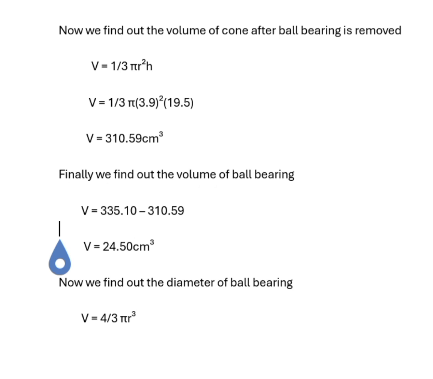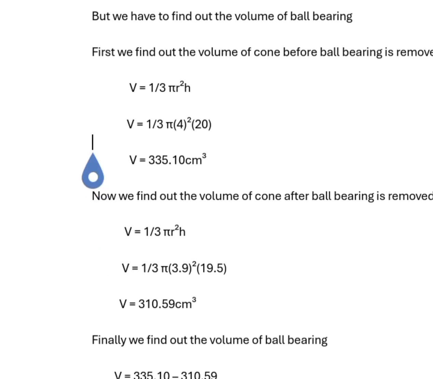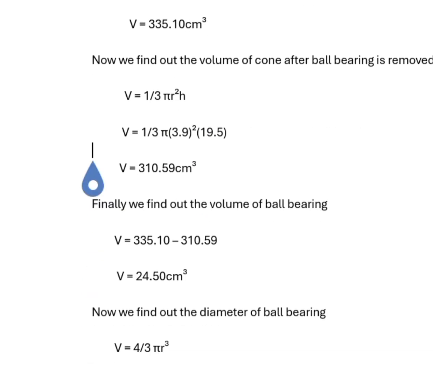Now finally we find out the volume of the ball bearing. How can we find it? We can find the volume of the ball bearing with the help of the volume of the cone before and after the ball bearing is removed. The volume before is 335.10, and the volume after is 310.59.